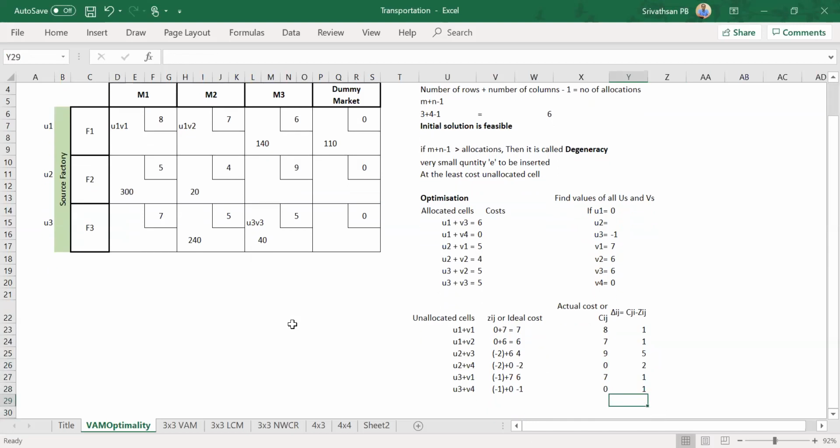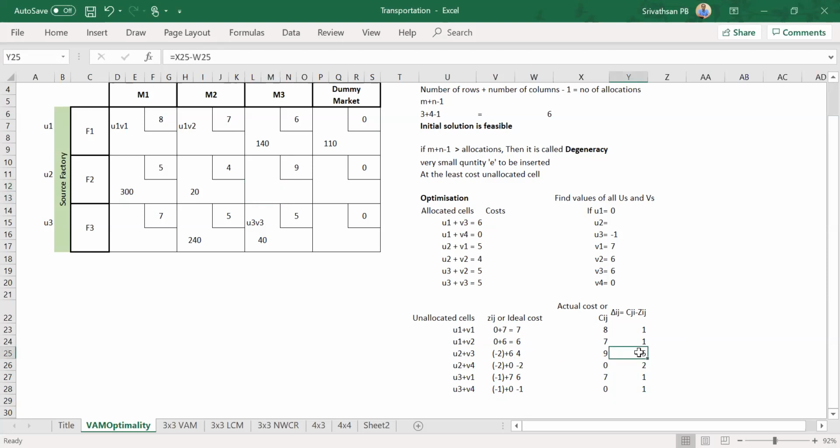And we see that there are no negative cells. Say I take the cell U2V3, which is empty for now. If I allocate some more units into this cell, you will increase the total cost by 5 rupees per unit. For every unit I allocate into this cell, my overall cost will go up by 5.